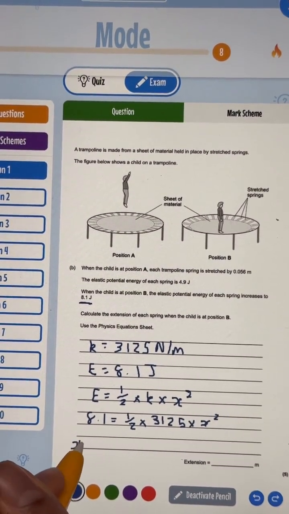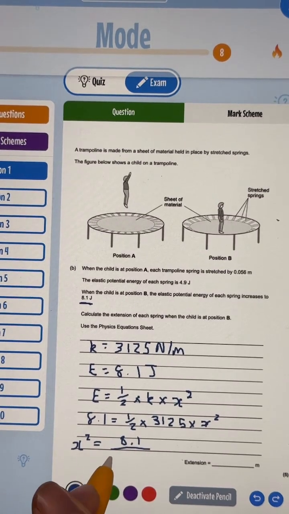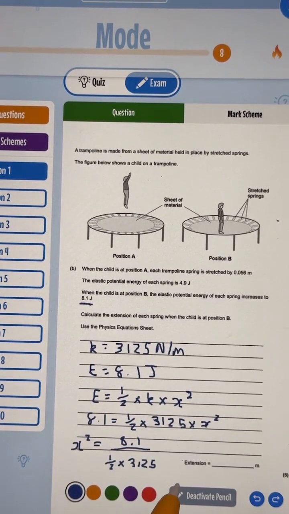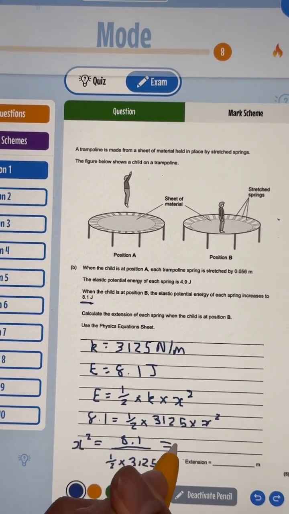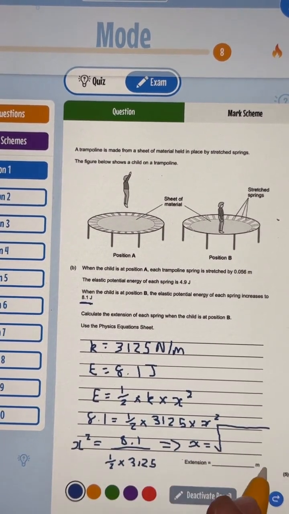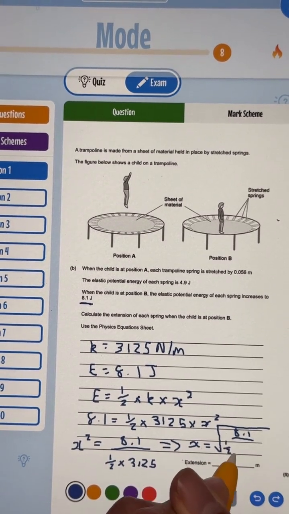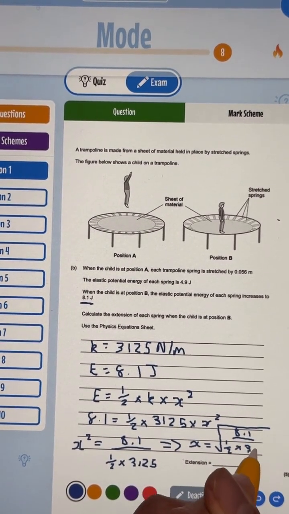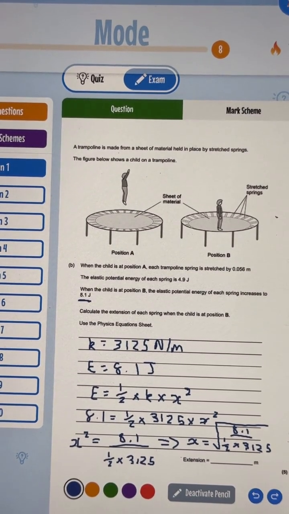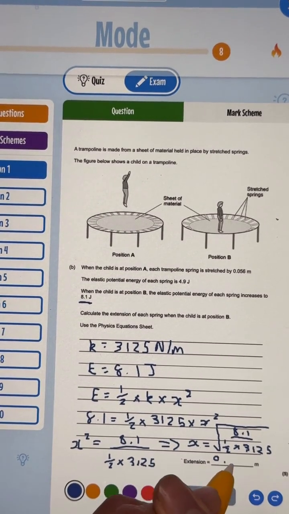So that's x squared equals 8.1 over half times 3125. And then to get x, we need to square root that whole thing. Square root of 8.1 over a half times 3125, and that gives us a value of 0.072 meters.